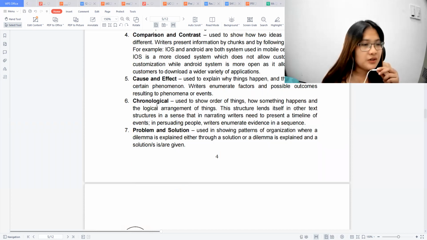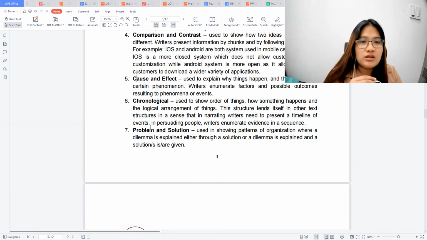Chronological. Kapag chronological, sunod-sunod. It shows order of things, how something happens, and the logical arrangement of things. This structure lends itself in other text structures in the sense that writers need to present the timeline of events. So kapag nagkukwento ka, you need the order, yung pagkakasunod-sunod.